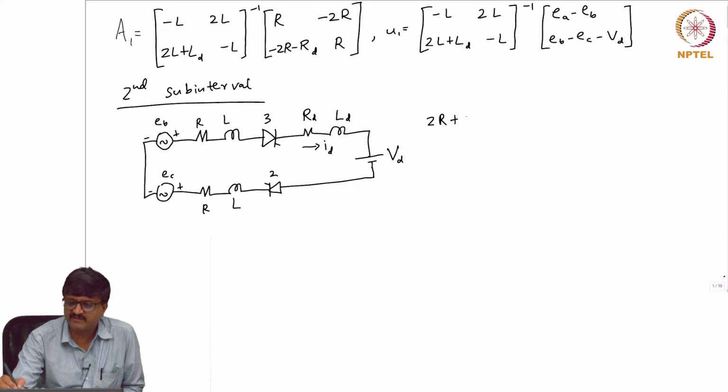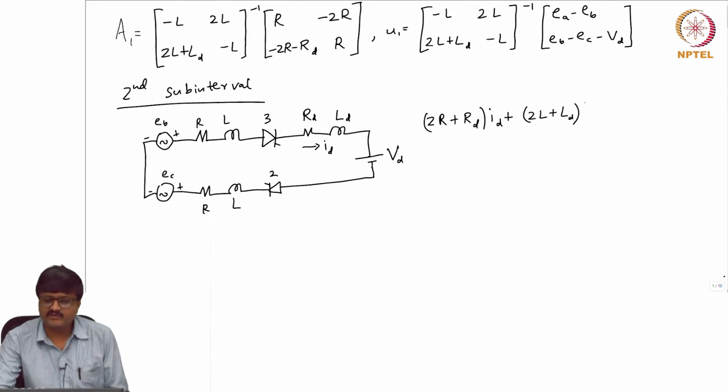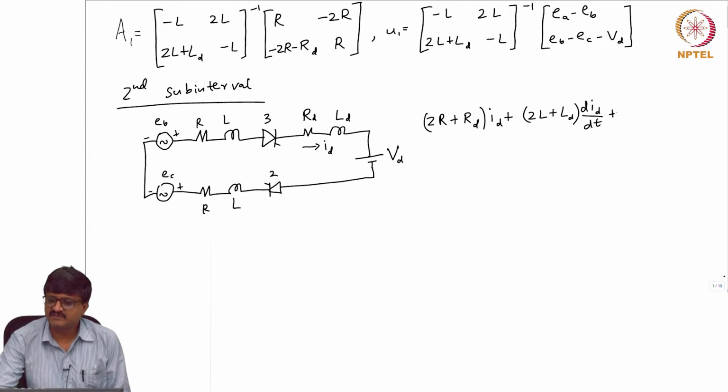So, 2R plus RD into ID plus 2L plus LD into dID by dt plus VD is equal to EB minus EC.